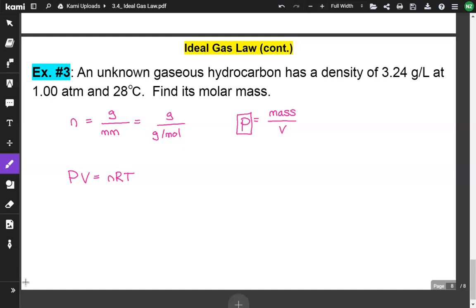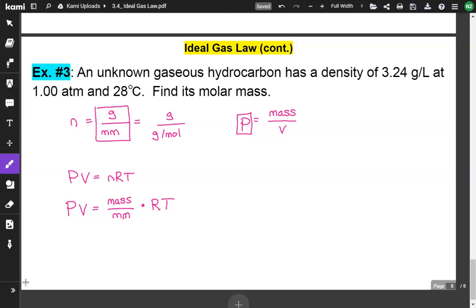This isn't actually the same P. This is our density rho, not the same as our pressure P. So if we substitute in our n, which we solved for, which is mass over molar mass, or grams over molar mass. Let's write it as mass over molar mass, times our proportionality constant and temperature.